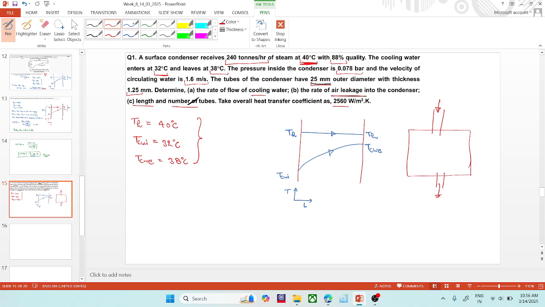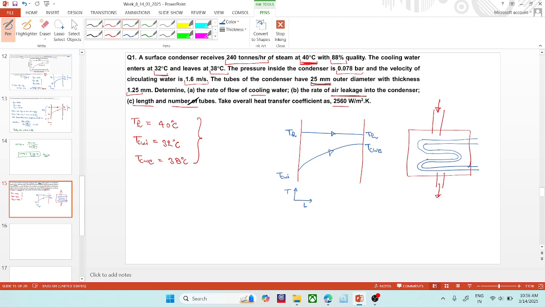We would write it like this. And these are the tubes I will make. These are the condenser tubes. Okay. So these are the condenser tubes.